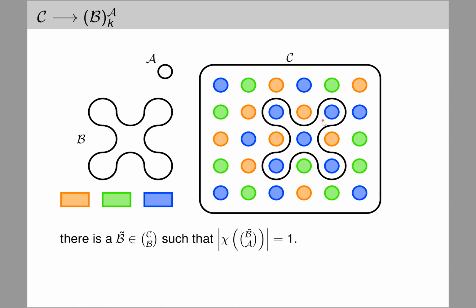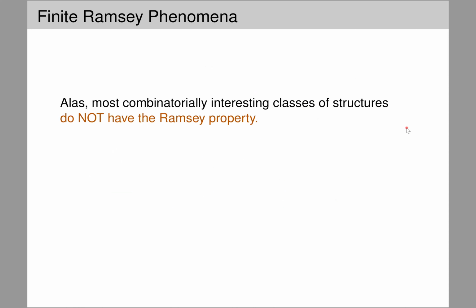Points of B that look like A are colored by the same color. Okay, and alas, most combinatorially interesting classes of structures do not have the Ramsey property.